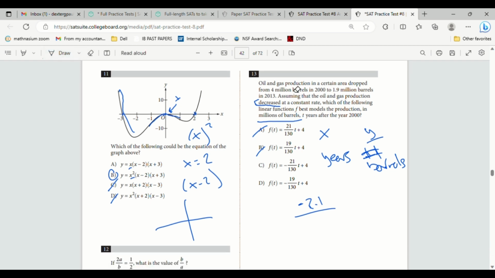And then, how many years went by? Well, 13 years went by. And so automatically this looks like choice C, but why is it 21 over 130? Because the choice C changed the decimal location. So if you move the decimal place on both numbers over to the right once, you get negative 21 over 130. So 13 is C.